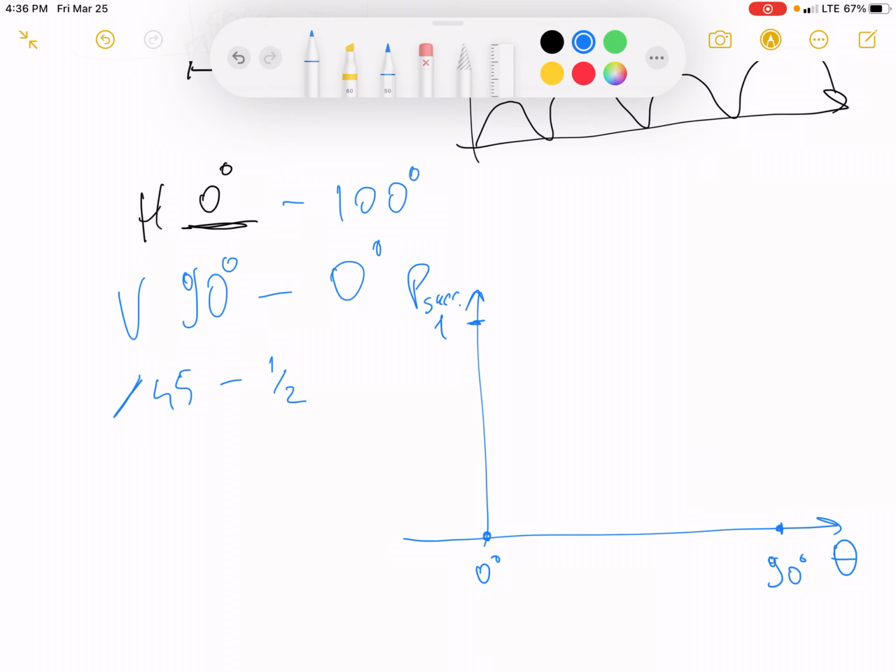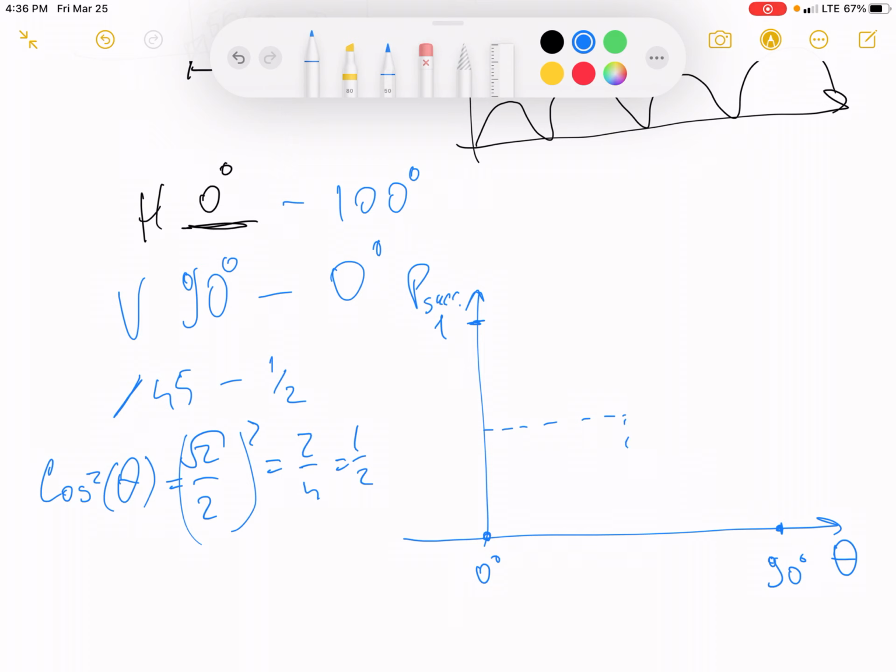And actually, calculating it correctly, in quantum mechanics you take the cosine squared of the angle of the rotation, and that's square root of 2 divided by 2, squared, and that's 2/4, that's 1/2. That's exactly what we would also get quantum mechanically. That's half approximately here, at 45 degrees.